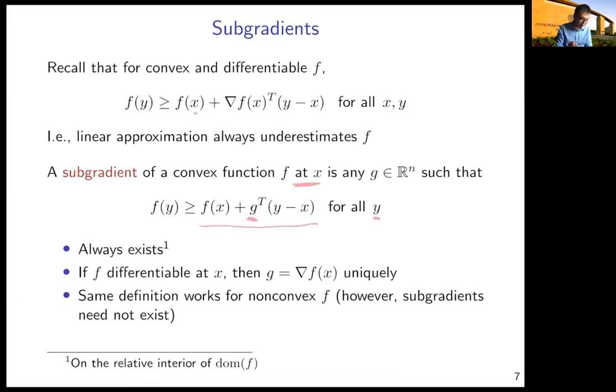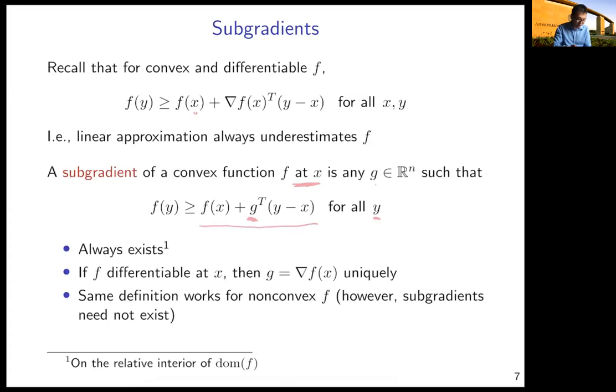It can be shown that for a convex function f, the subgradient exists everywhere. There could be multiple g that satisfy this condition at any given point.